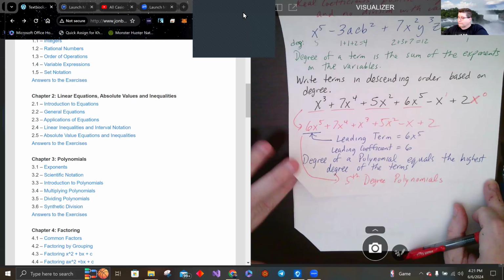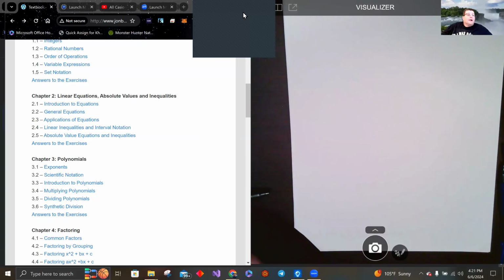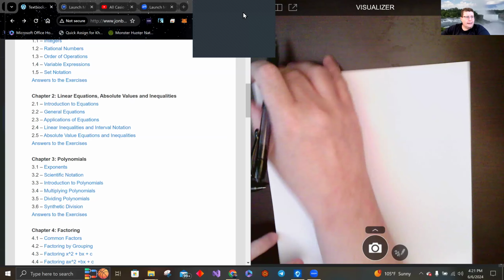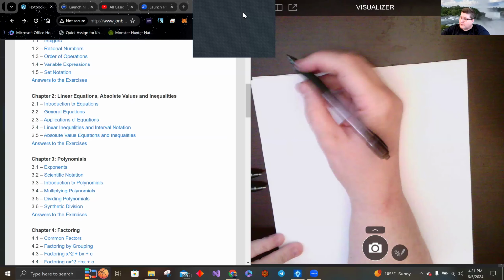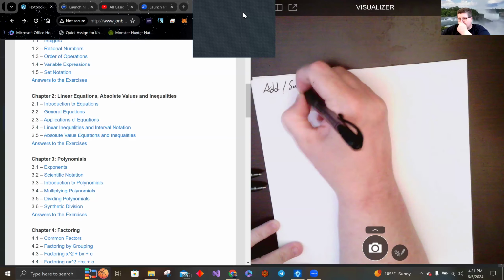Okay. So what can we do with these? We can add and subtract polynomials. That's what the rest of this section is about.